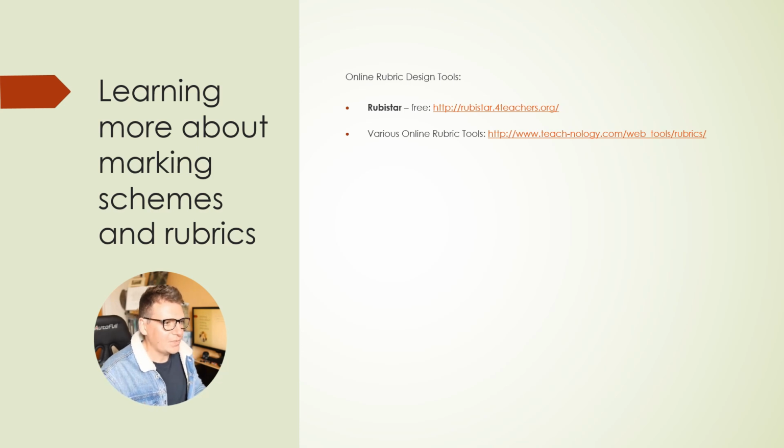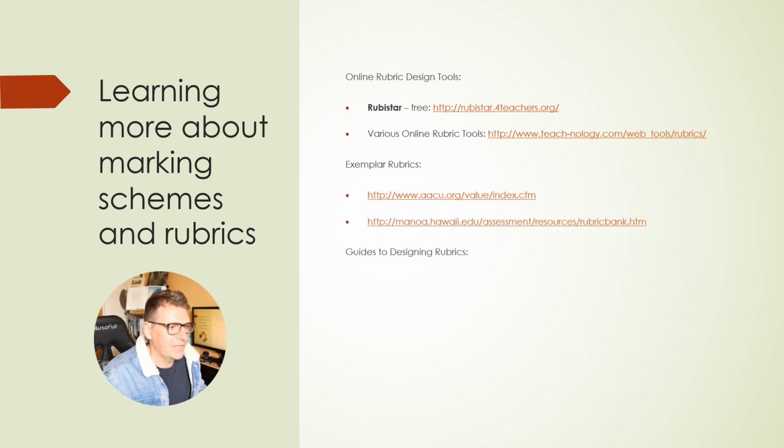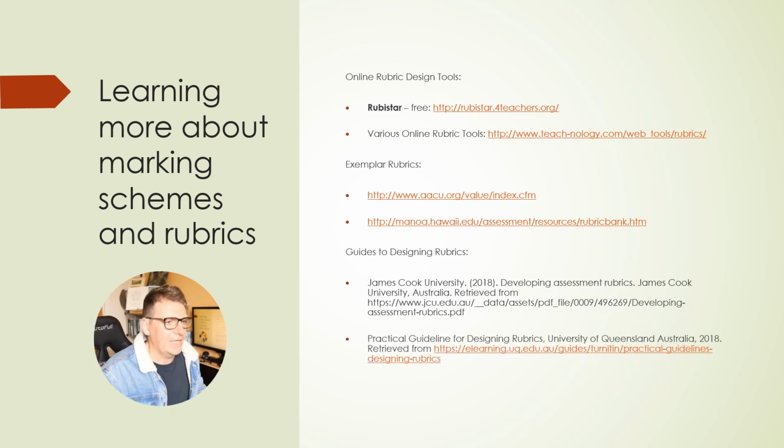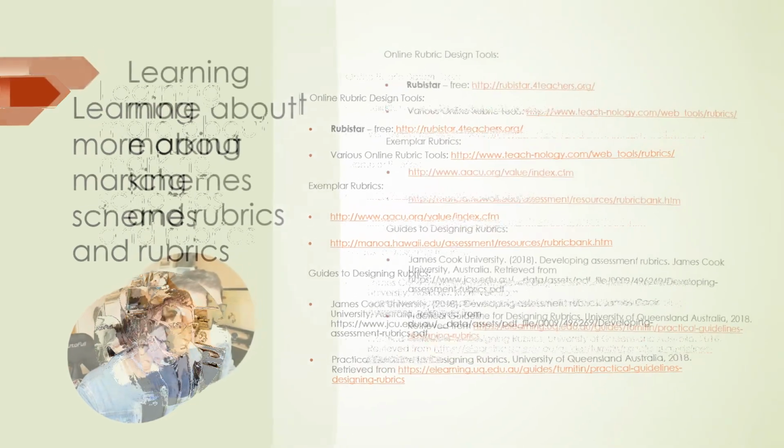For the more technically minded people, we have some online rubric design tools. I got these off a website, which I'll provide in the description, and it basically just collects types of rubrics, types of design tools you can use, and you can reorganize them, reconfigure them to your heart's content to use in your own classroom.